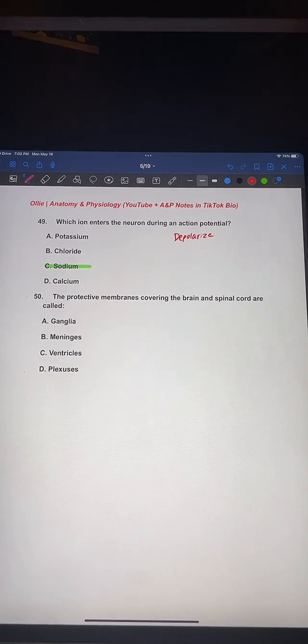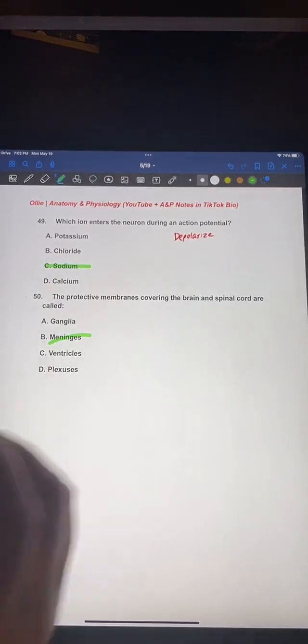And then 50, our last question here, everybody. The protective membranes that cover the brain and the spinal cord are called what? What are they called? Bipolar neurons, though, those aren't really something that you typically need to know. The answer is B, it is meninges.